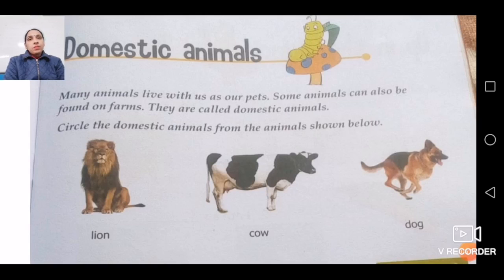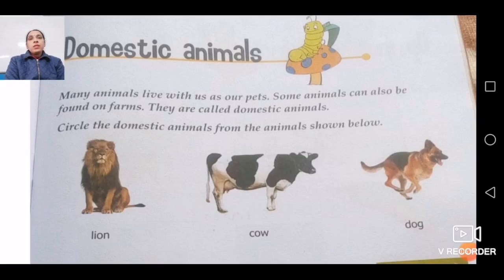In that you can count dog, cat, parrot, and rabbit. These also serve as pet animals. They are friendly to us. Cow comes in domestic animals, dog comes in pet animals, and lion comes in wild animals.